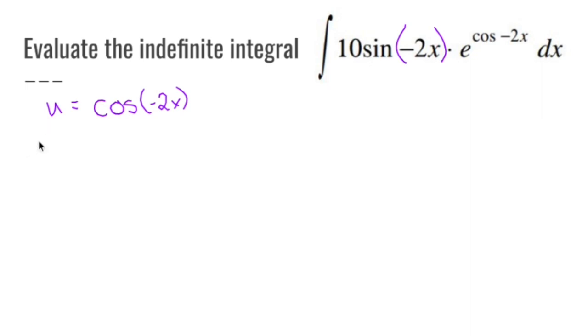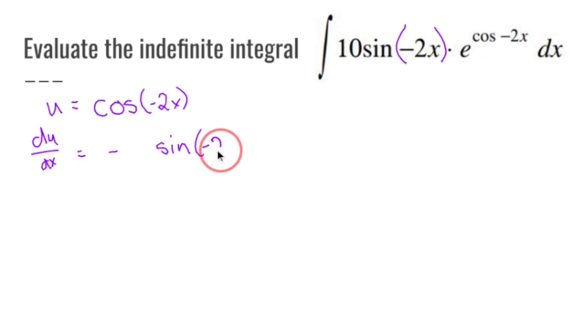So what I have to do is find du dx. The derivative of cosine of negative 2x involves the chain rule. You take the derivative of the outside stuff, which is negative sine stuff.